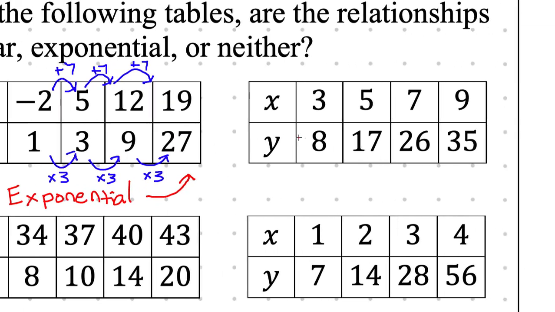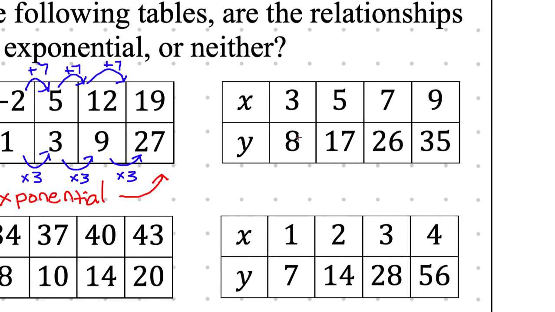All right, I'm going to go to the table on the right next. So top right. Who wants to analyze that table for us? First the x's, then the y's. Yes, Ulysses. So it's adding 2 and 2 every single time. All right. And what about the y values?